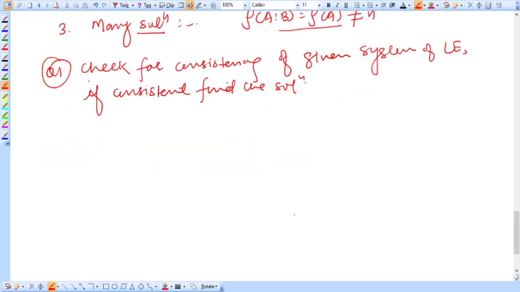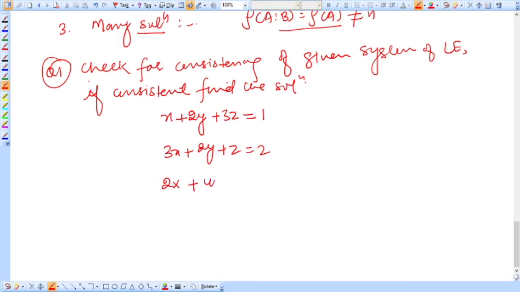The equations which are given: x plus 2y plus 3z equal to 1, 3x plus 2y plus z is equal to 2, and 2x plus 4y plus 6z equal to 3.